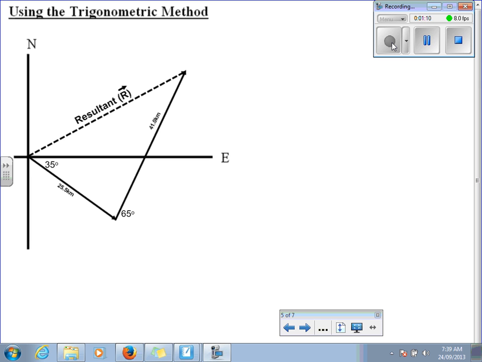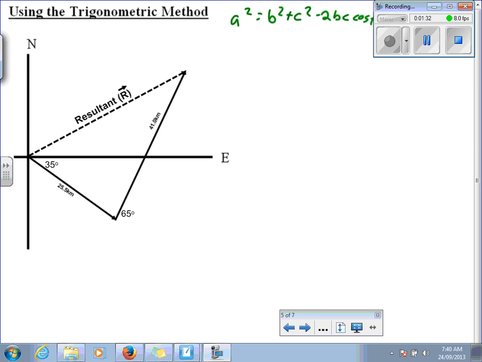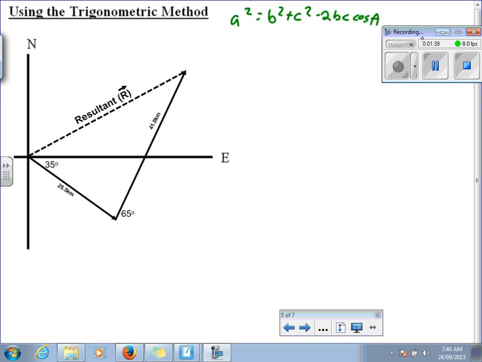So the first thing we have to do is figure out what we need for the cosine law, which is a squared equals b squared plus c squared minus 2bc cos A, where capital A and small a are the angle and side opposite to each other. We're trying to solve for small a, which is our resultant.